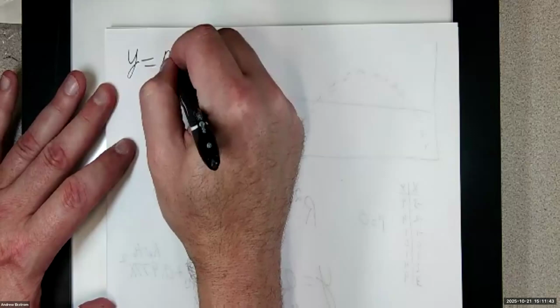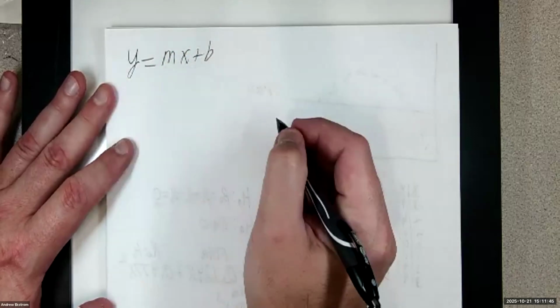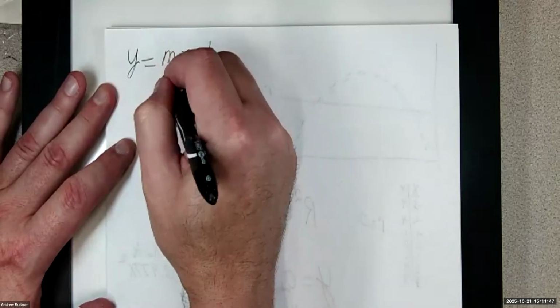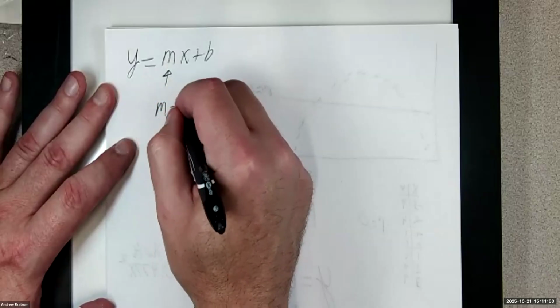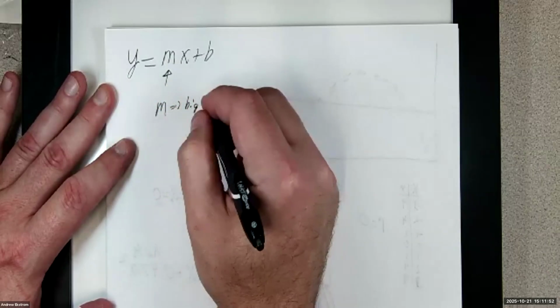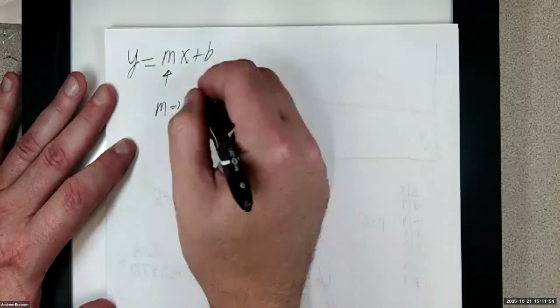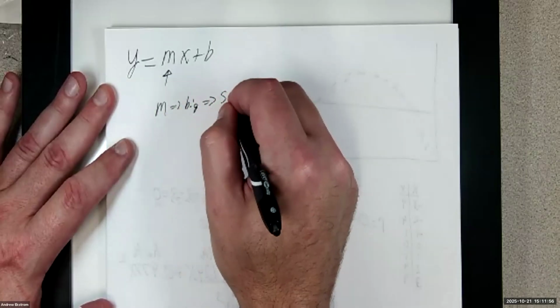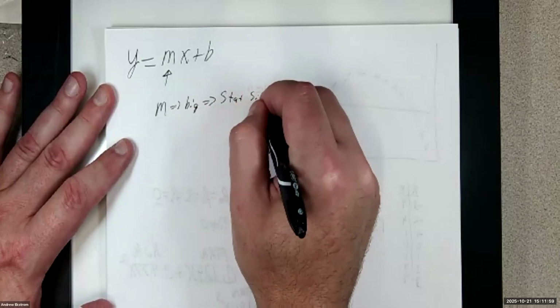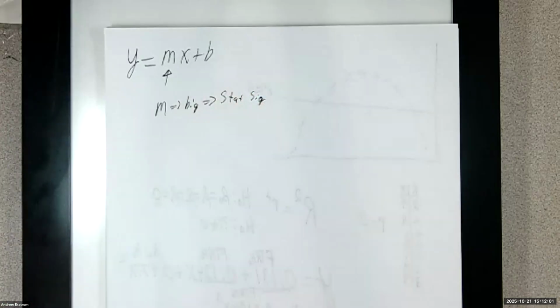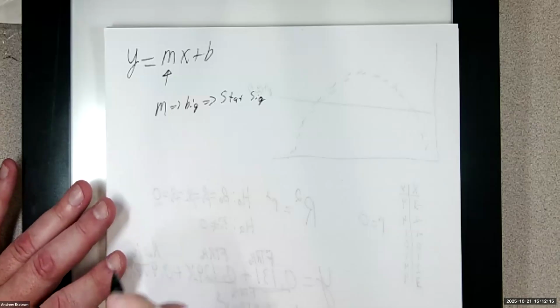So if I've got y equals, say, mx plus b, if that m is big, I can usually look at that and say that it will be statistically significant. But there are times when we have to look at the value of m, and we might actually find that something is really small.